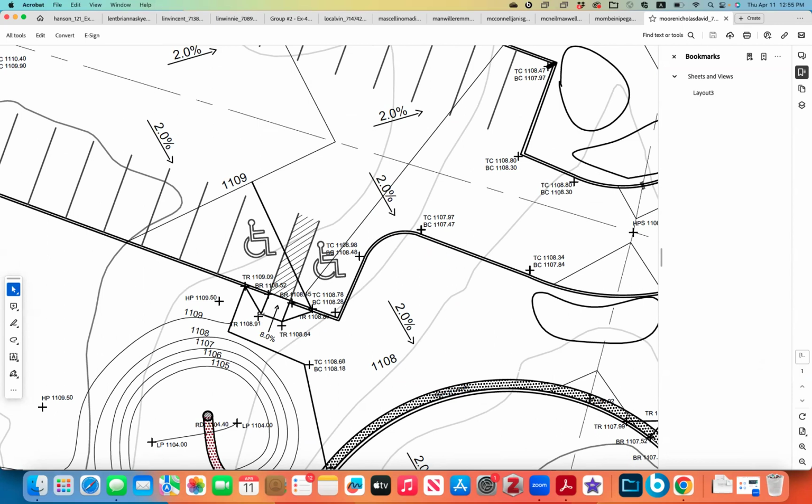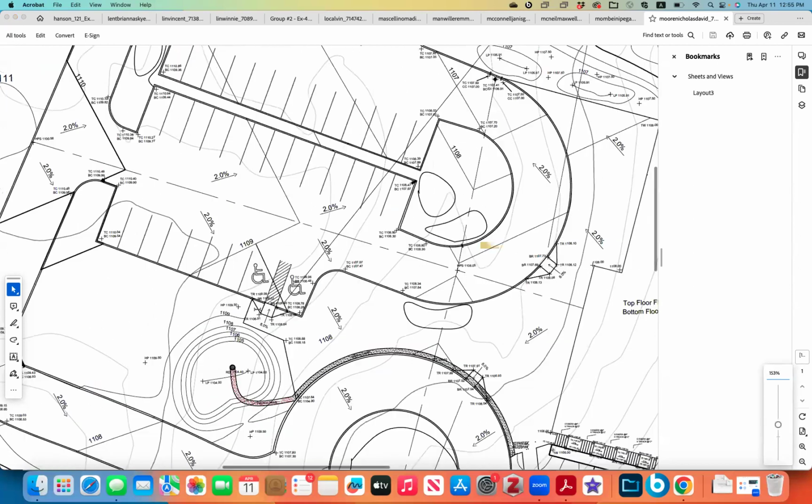And then this one, 8%. Well, let me ask, how did you calculate the TR here? I started by calculating the ramp and doing the 8%. Oh, okay. Well, I would recommend treating this as part of the plaza.